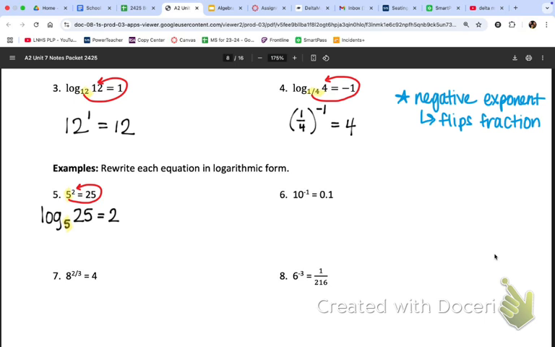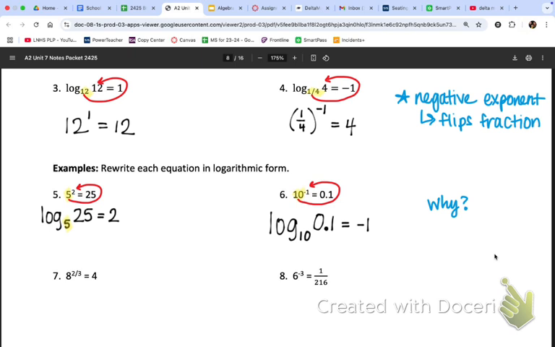What's the base on number 6? 10. Okay. So log base 10 of 0.1 is equal to -1. There's another example there, let's talk about why here.